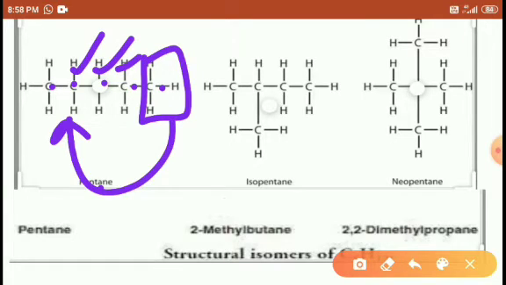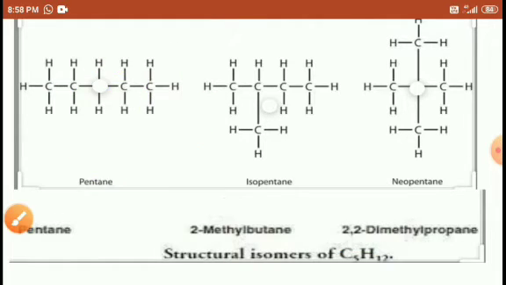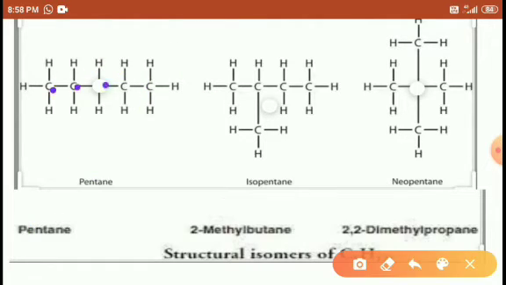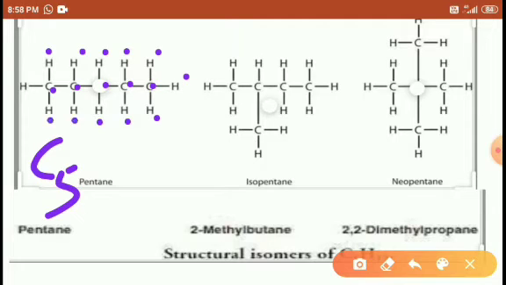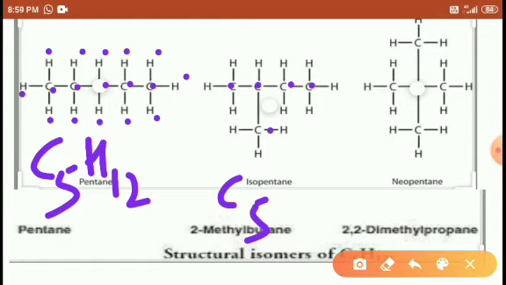Now after substituting, you get this structure. Now look at here, the molecular formula: 1, 2, 3, 4, 5, 5 carbons.